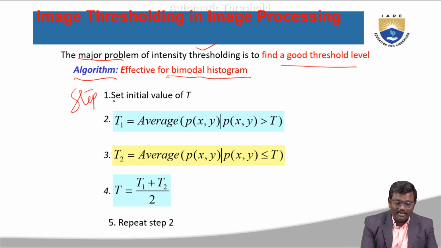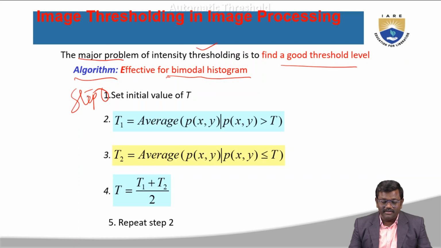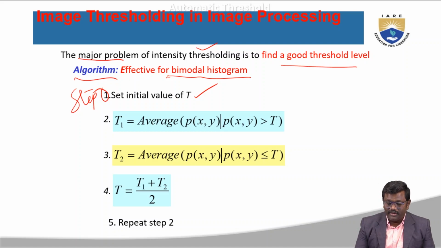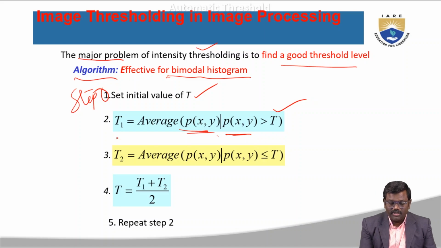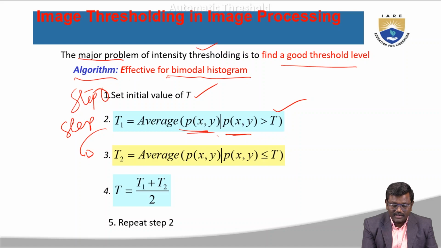Step number 1 is to initialize your threshold value, either a simple threshold value or an adaptive threshold value. Such a threshold value we define with the help of your pixel intensity compared with your threshold value. So T1 is compared with T2, moving from step number 2 to step number 3.